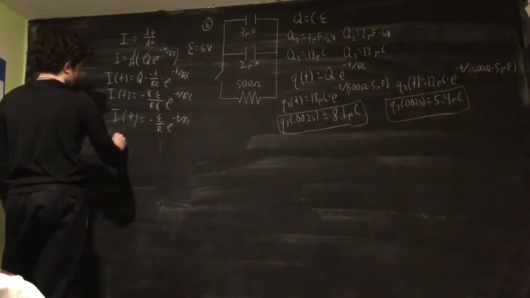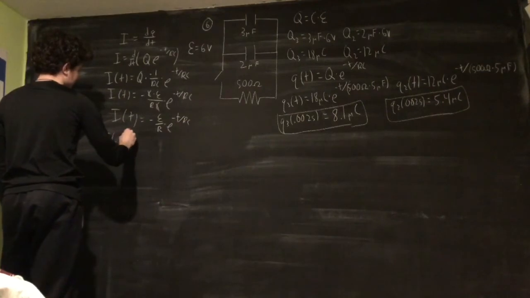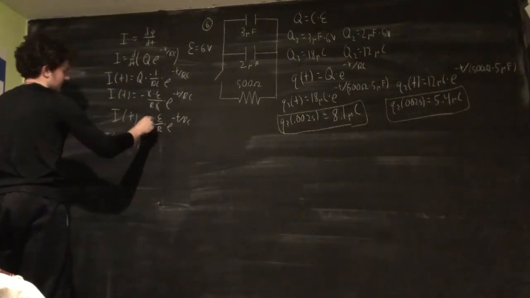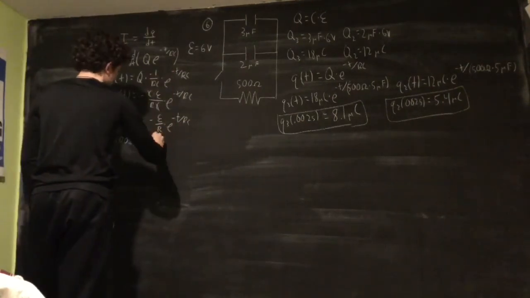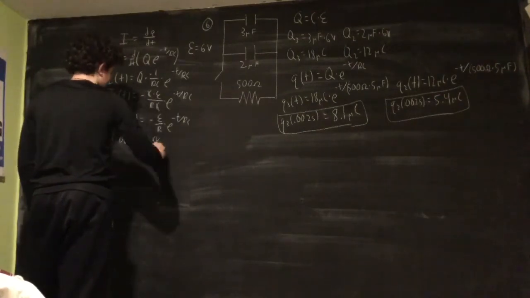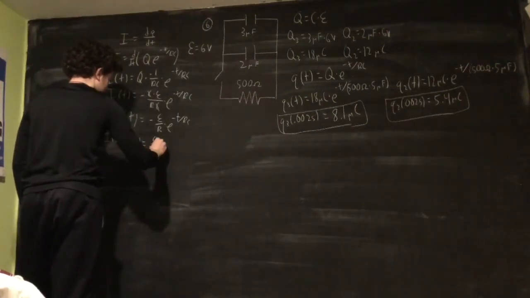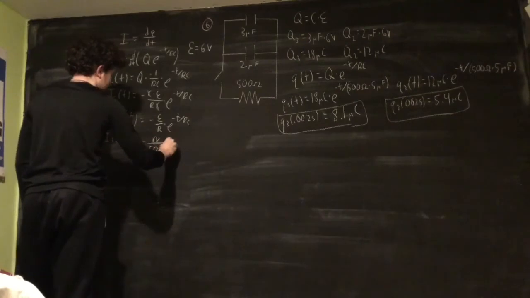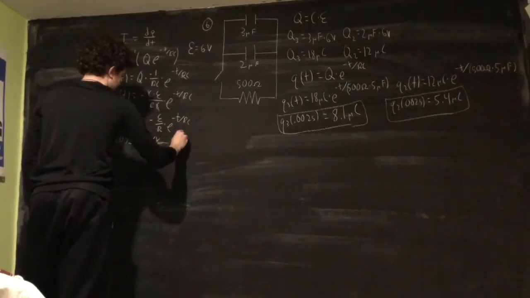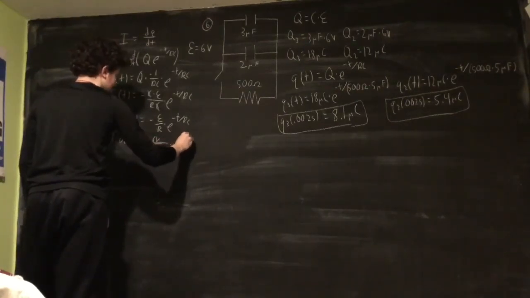And asking for the same time, so at 0.002 seconds. EMF 6 volts, resistance 500 ohms. Time 0.002 seconds.